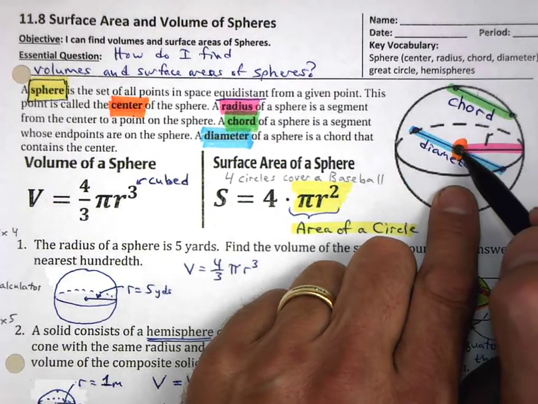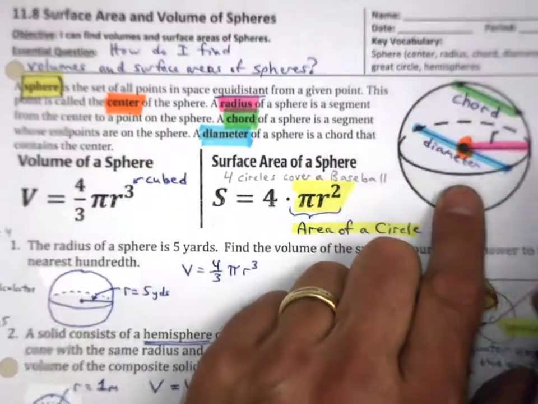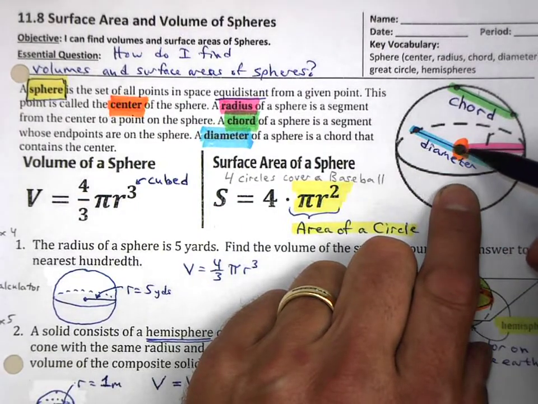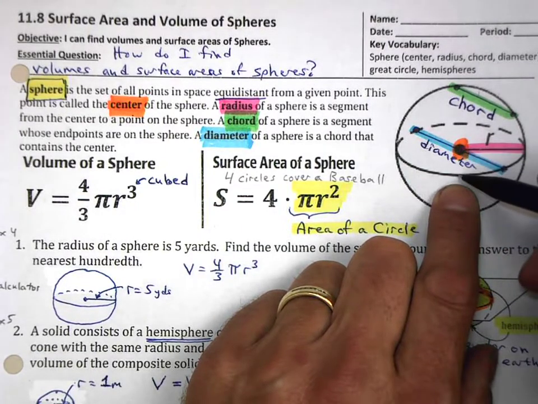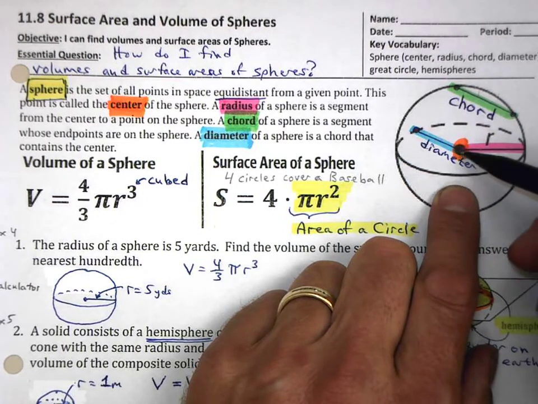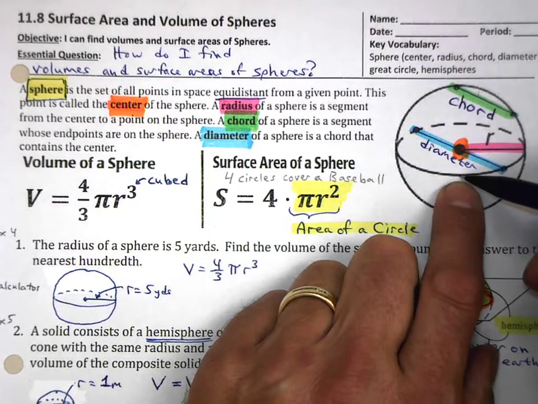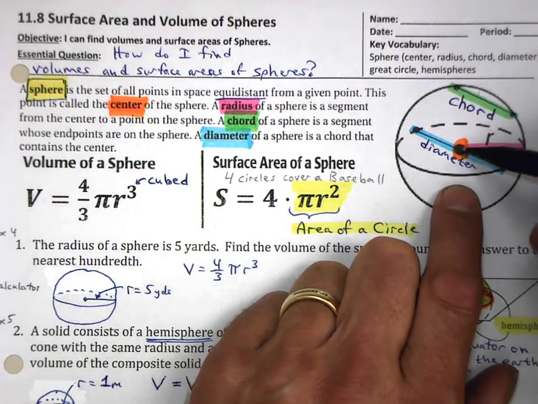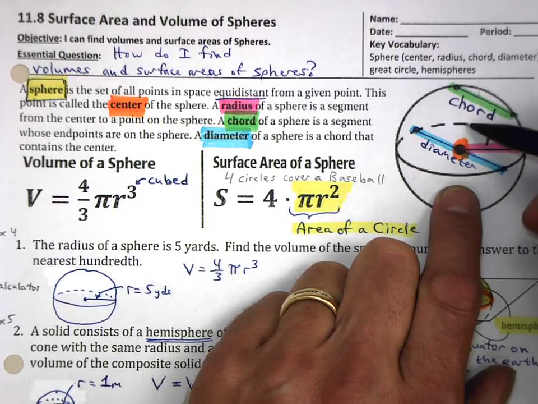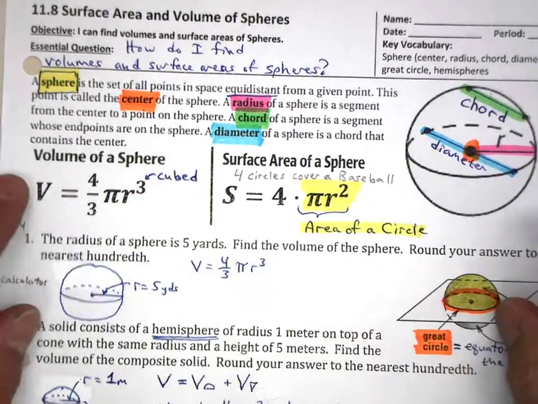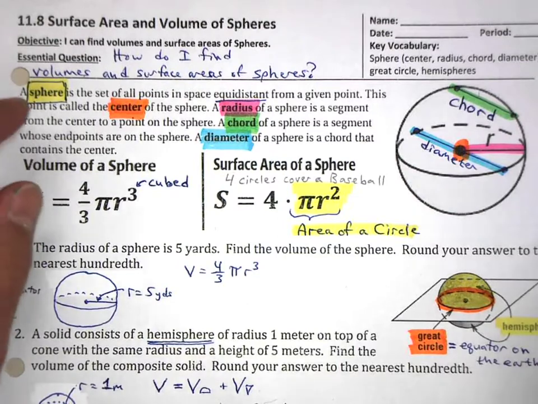This radius from the center out to the circle is the same distance in actuality as what is being represented here from the center out to the front of the sphere, or out to the back of the sphere there. Okay, so this is a two-dimensional representation of a three-dimensional object.